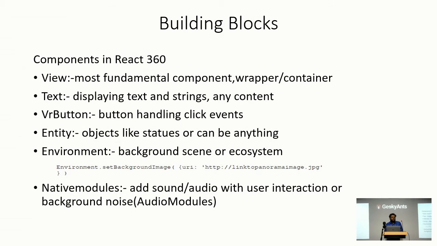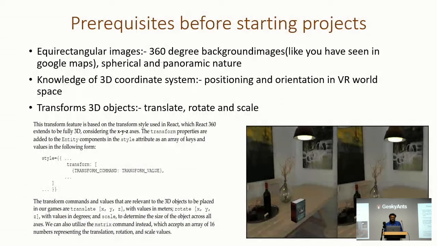The entities are the objects which we are using in the React 360 environment, for example the book in the earlier slide. That was an entity, and the environment is the ecosystem where React 360 applications are built. For example, in this case, the environment is the entire desk and that lamp.